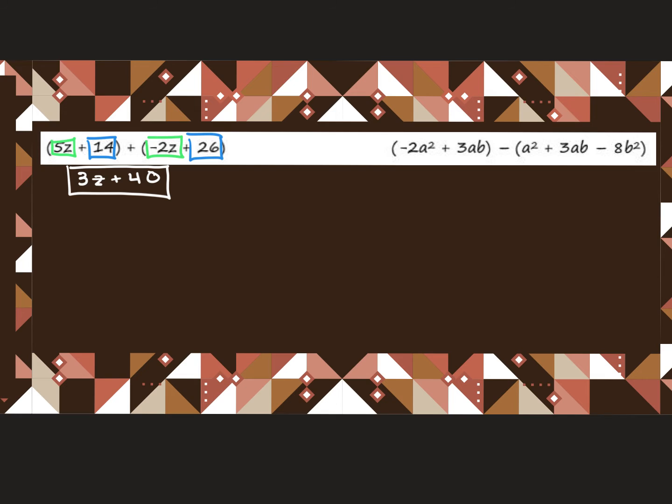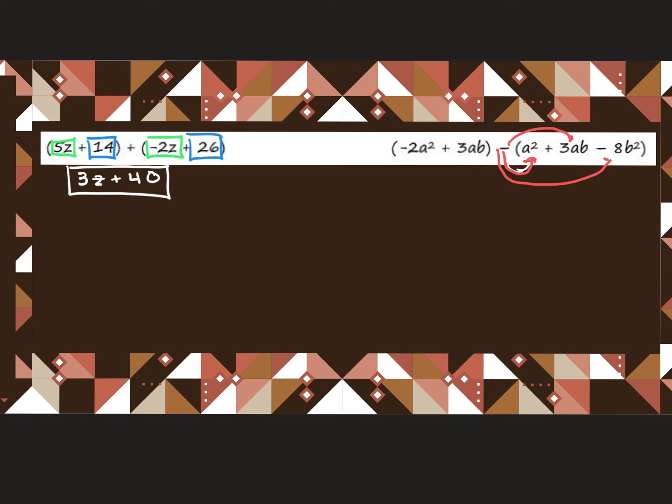There are a couple ways that we can do this. We have negative 2a squared plus 3ab minus a squared plus 3ab minus 8b squared. We can collect our like terms, but something that I like to do to help me is distribute that negative and then add.